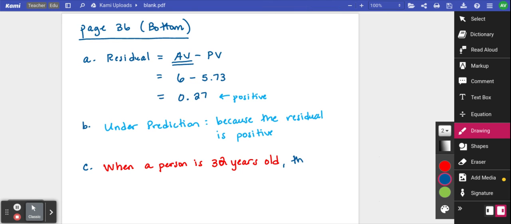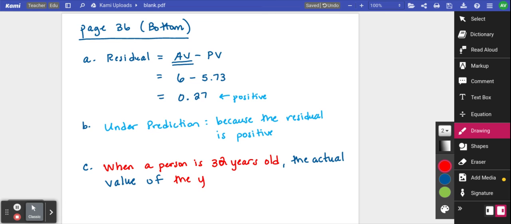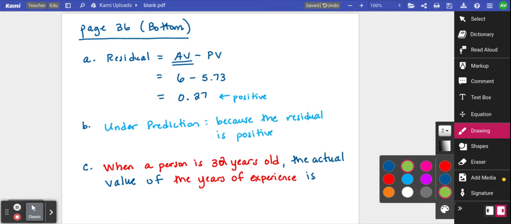So I would say the actual value of, and the thing that we measured, the y, is the years of experience. Is, and now I'm going to use this specific number.